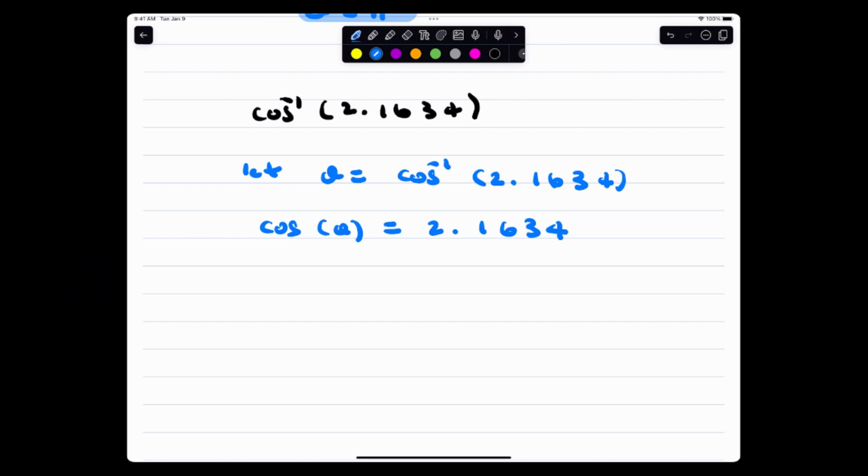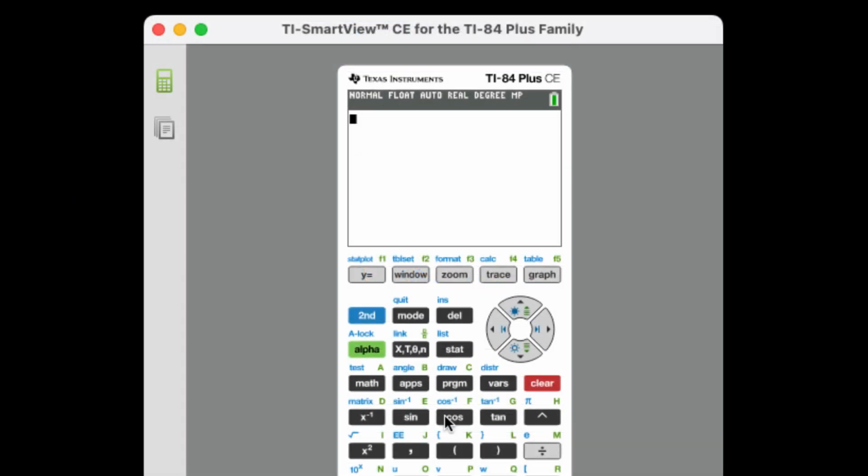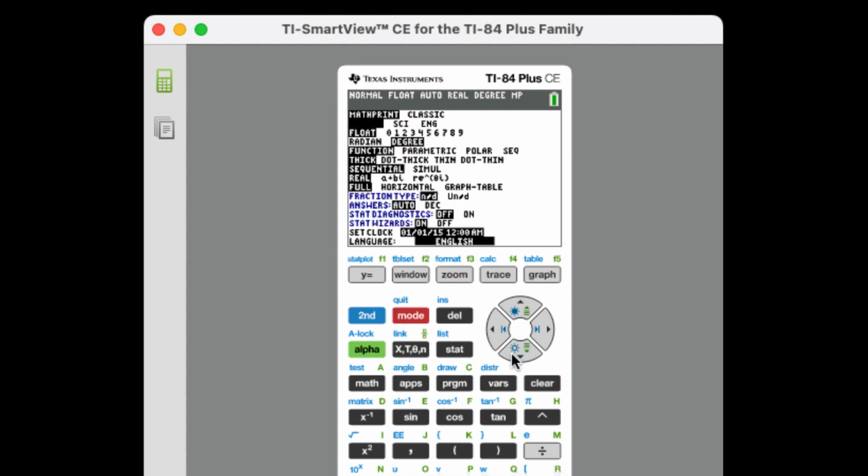So let's wake up our calculator. For me, it's a TI calculator. And remember, if we're going to use this calculator, what I want you guys to note, put that in your notes, I want you to use degrees. Okay? Use degrees. So what that means is you got to go to the mode on your calculator and set it to degree, and I see that it's already in degree.